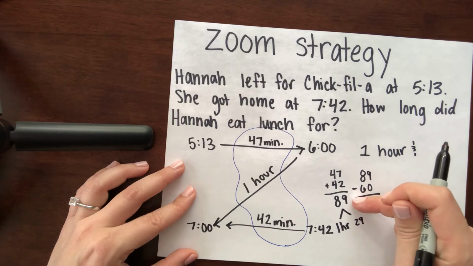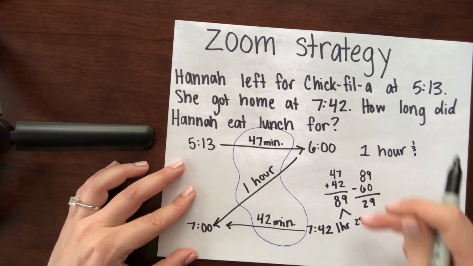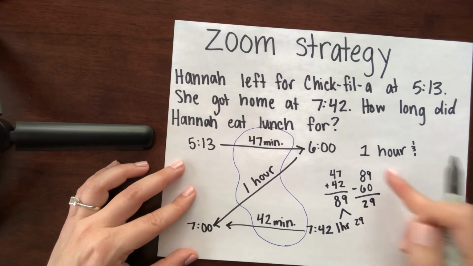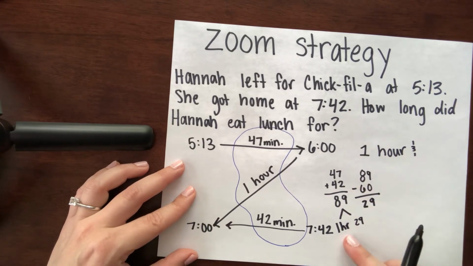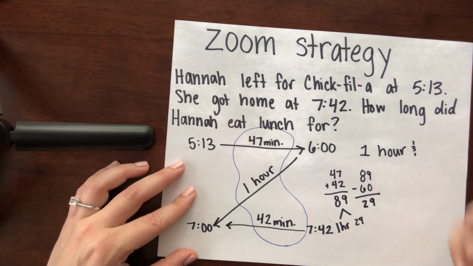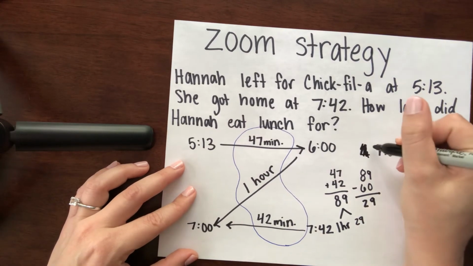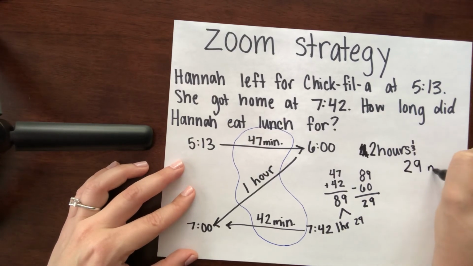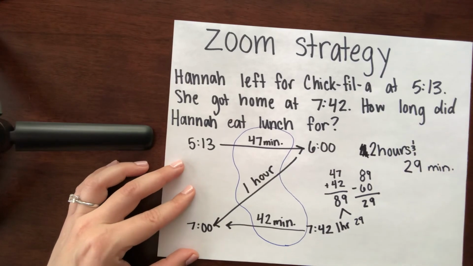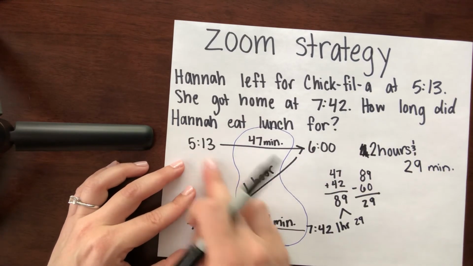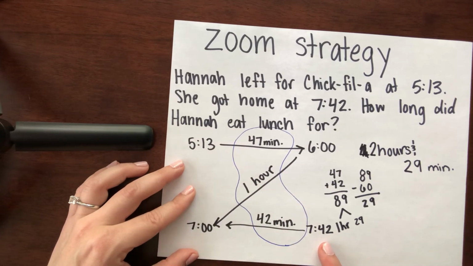So 89 minutes is the same thing as saying 1 hour and 29 minutes. So I already have 1 hour here, and I need to add another hour and 29 minutes. So I'm going to cross out this number, and I'm going to write 2 hours and 29 minutes. So that's my elapsed time from 5:13 to 7:42.